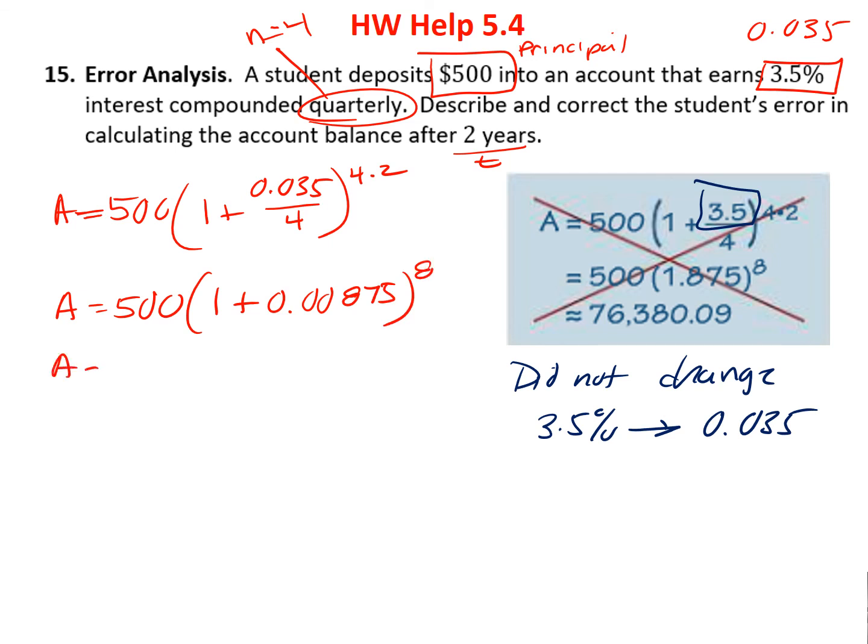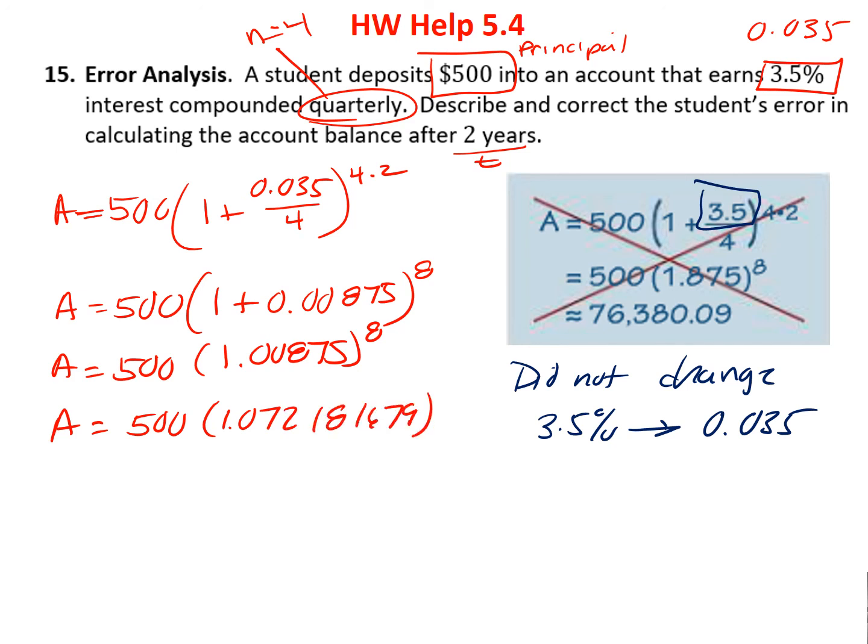So that's going to be 500 times 1.00875 to the 8th. So get out my scientific calculator, and I have 1.00875 to the 8th, and that equals 1.072181679. And now I'll multiply that by 500, and I get 536.0908394.